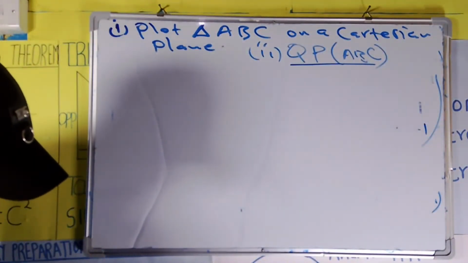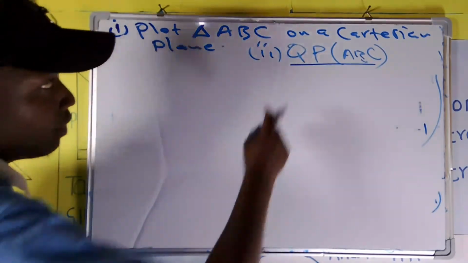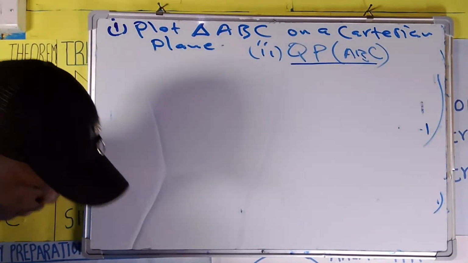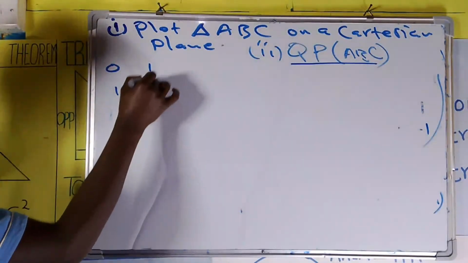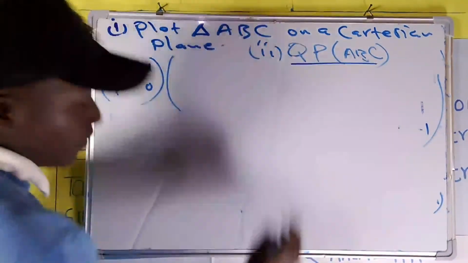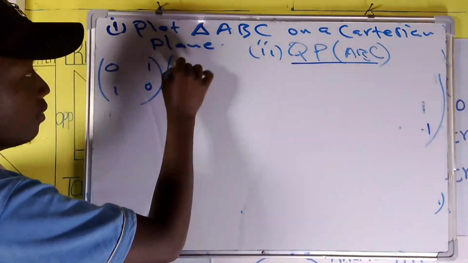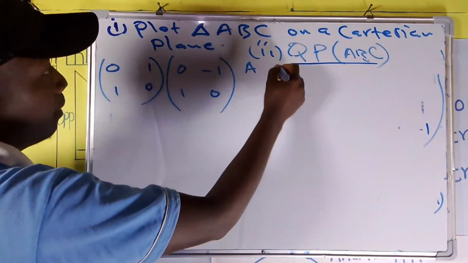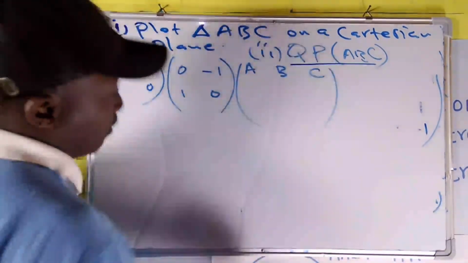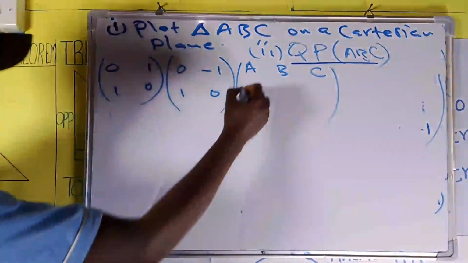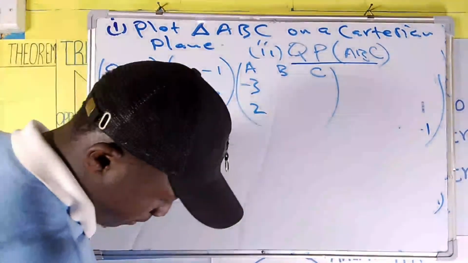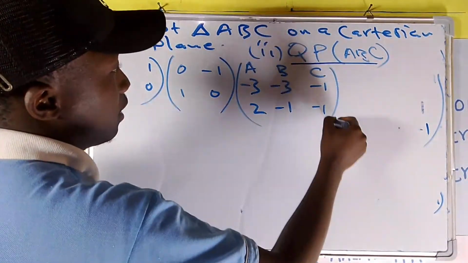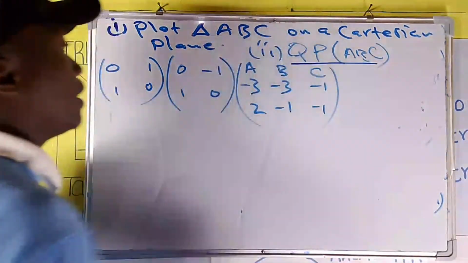So QP simply means we will be starting with P then Q. So that will be 0 1 1 0. Then this one P 0 negative 1 1 0. Then A B C, which is equal to negative 3 2, negative 3 negative 1, and negative 1 negative 1. That is what we are dealing with.